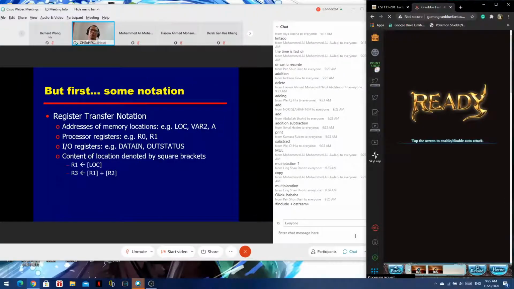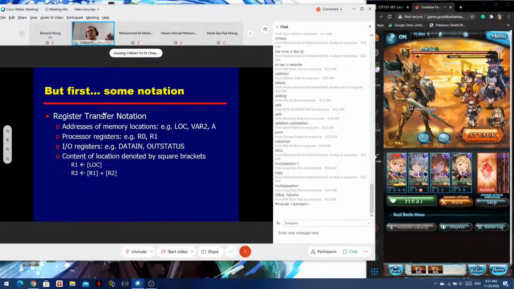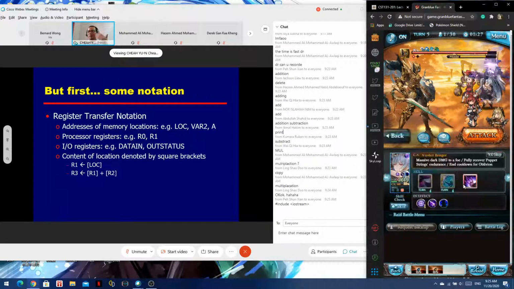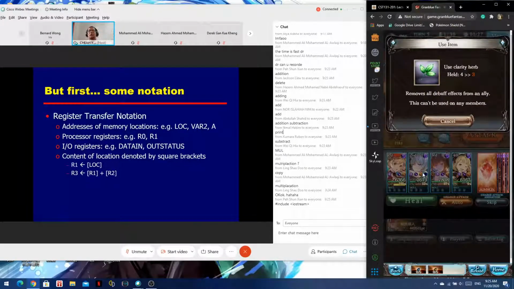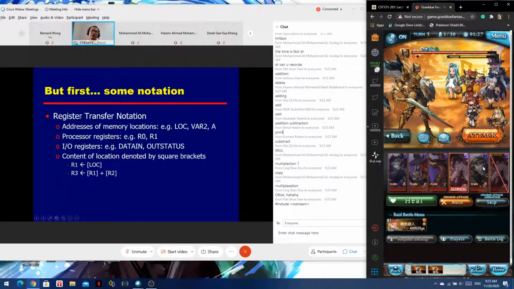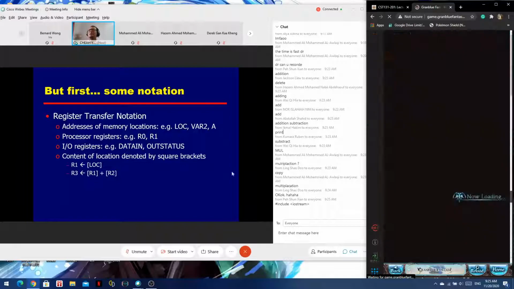But first, we need to know some notation, because every time we write an instruction, it is good to know the basic notation we use to express it. The first group here involves registers, which are something like variables.